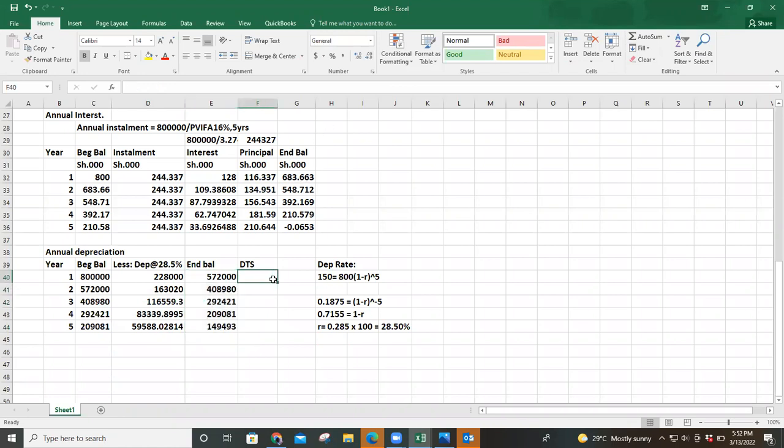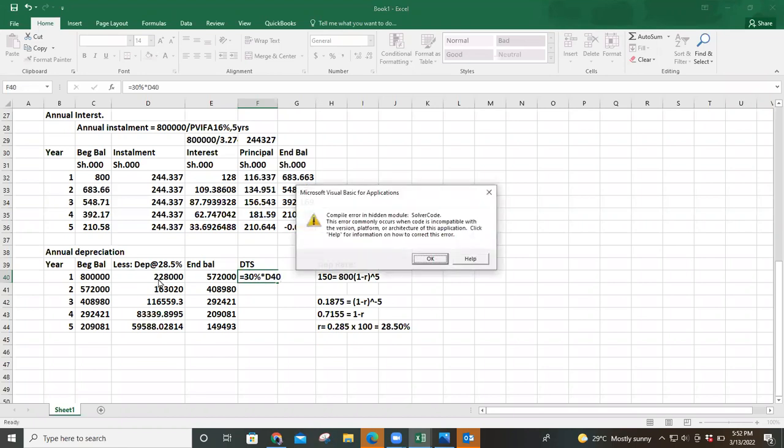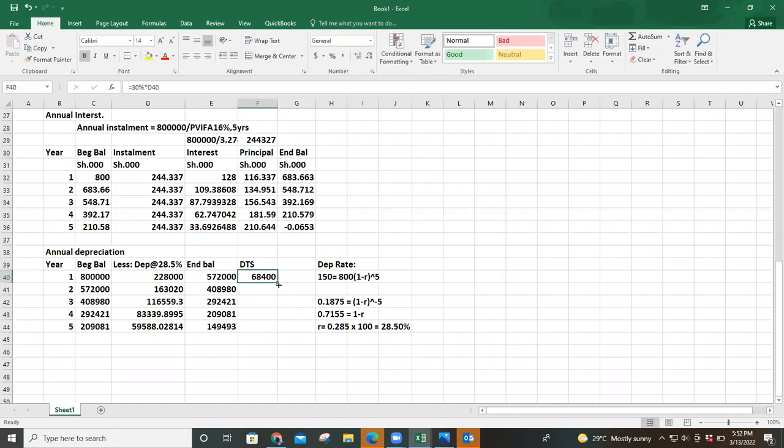Good. Then our DTS, which is the tax on depreciation, equals 30% times the depreciation. That is our depreciation tax shield.